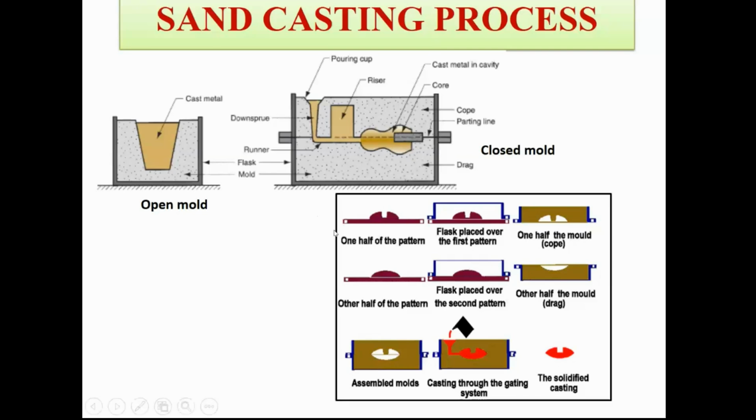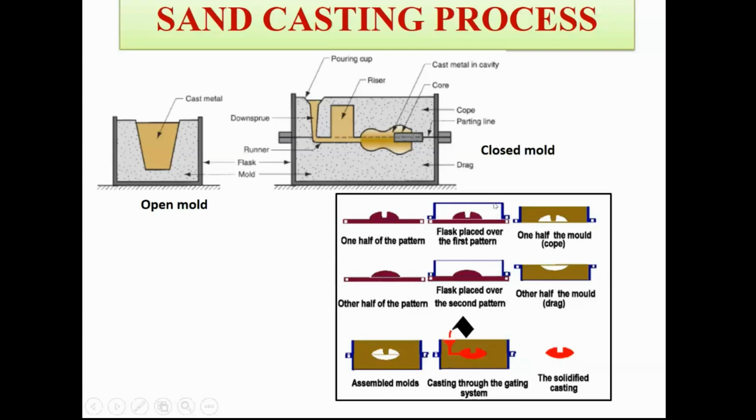So you take one half of the pattern which has the required shape of the part to be casted, but this pattern should have a bigger size, so that a big cavity will be formed, and that will take care of all the solidification shrinkages and compensatory allowances. Then you take one half of the flask and place it over this pattern, and then you fill it with your prepared sand.